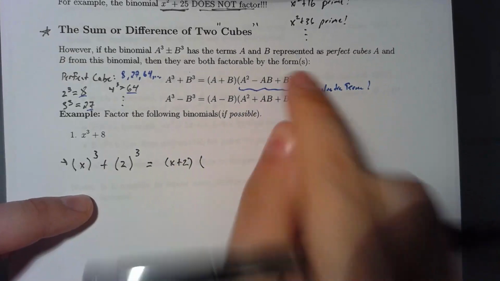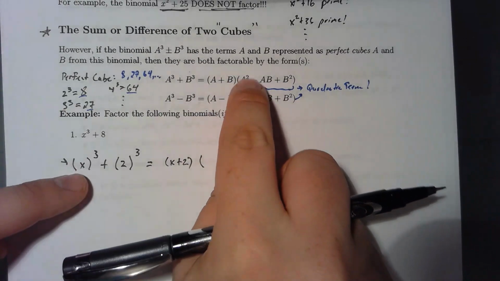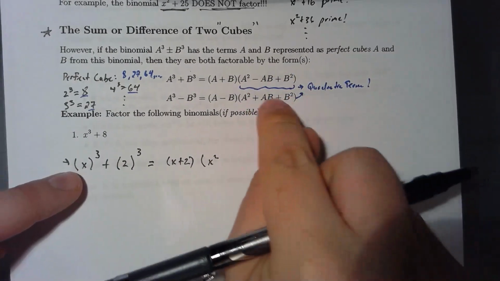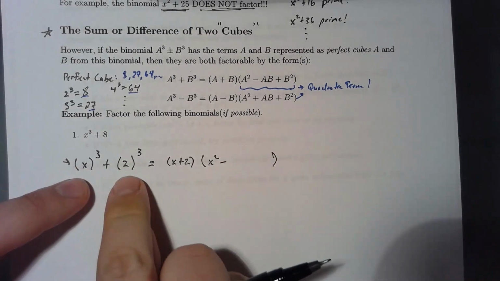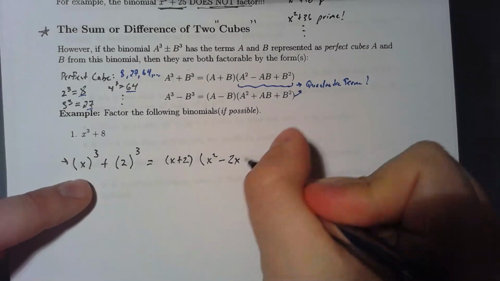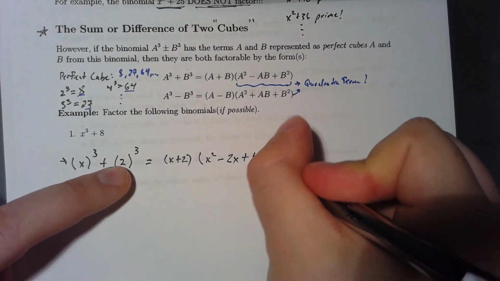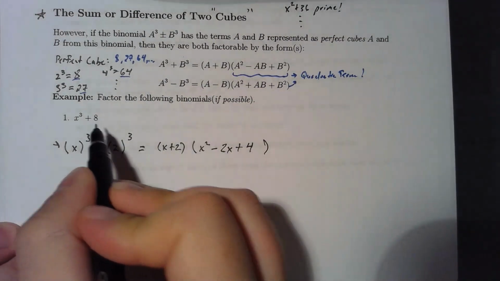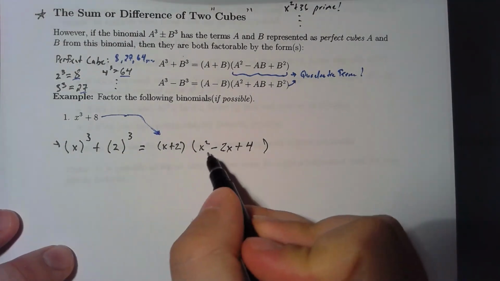And then the quadratic term: a squared, and this is the a, so that's x squared, minus a times b, so that's minus 2x, and then plus b squared. If b is 2, then that number squared is 4. So this factors to those two things, a binomial and a quadratic.